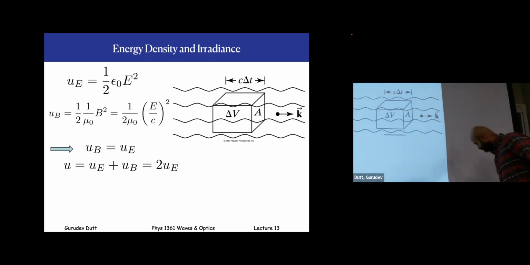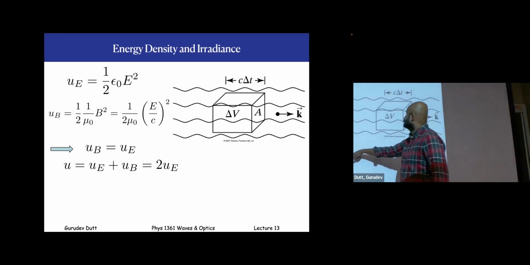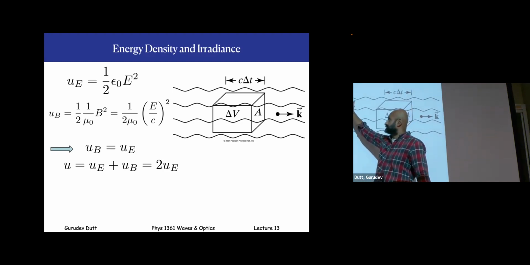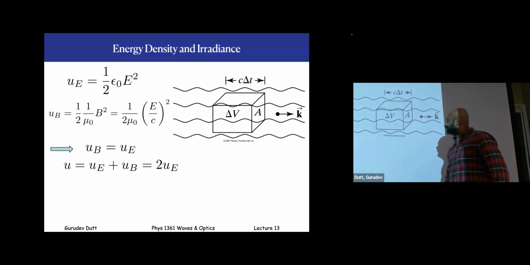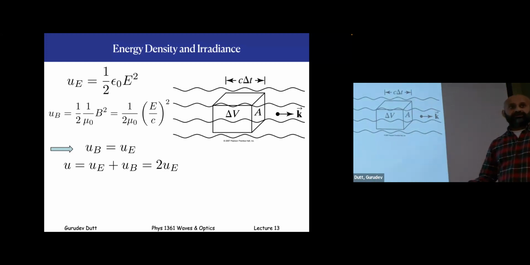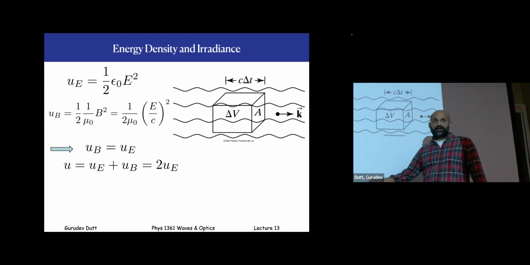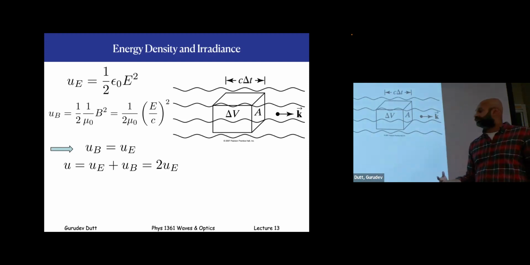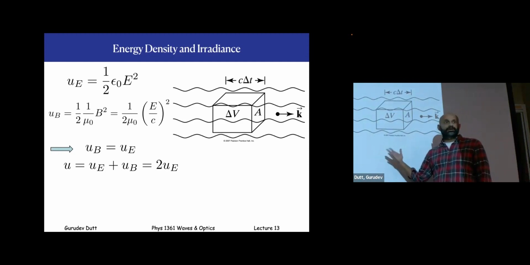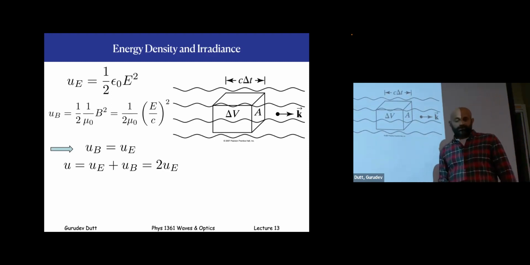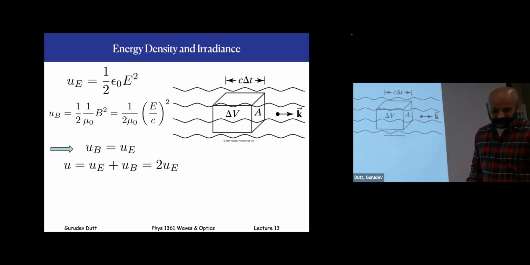Going back to our expression for the electric field, we get 2 times UE, which is 2 times half epsilon naught E squared. So that's just epsilon naught E squared times v. And of course E has that cosine squared of kz minus omega t, so I have to time average it, and then I get back the half. So this is an alternate way, without knowing about the point emitter, to find the intensity in the wave, and it gives you the same expression.